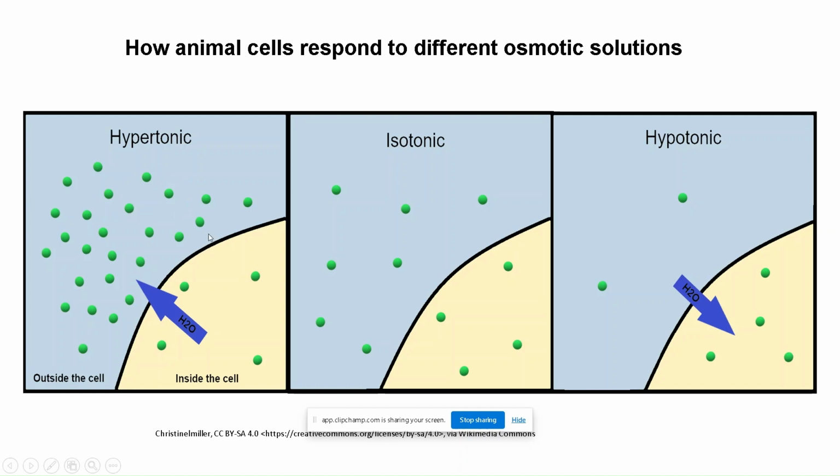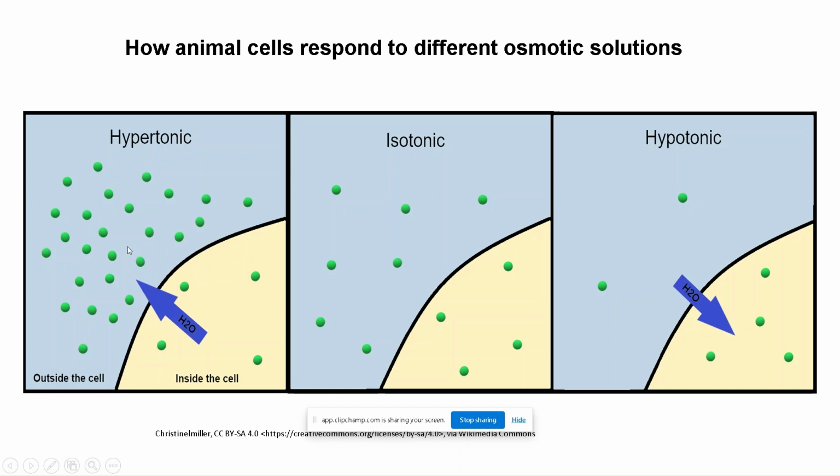And when you place an animal cell in a hypertonic solution, basically the water moves from the higher water potential. Since the water potential is low outside because it has more solute concentration, the water is going to move from inside of the cell to outside of the cell. So this is how an animal cell behaves if you place it in hypertonic solution.